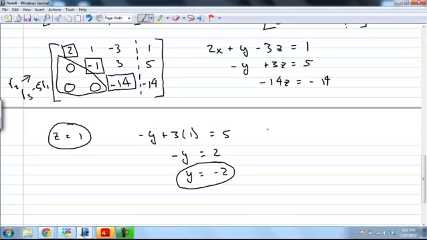Once again, using back propagation with my top equation, I plug in the value for y and the value for z. And I find x equal to 3.